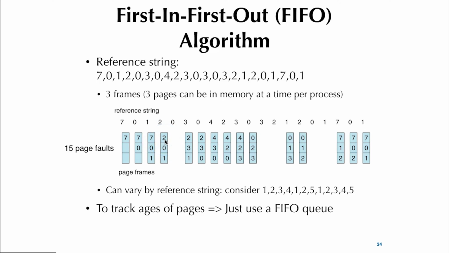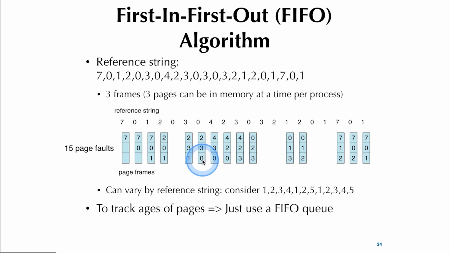Next one is 0, which is already there, so it's not replaced. But the FIFO pointer is still pointing at that. So even though 0 was just accessed, 3 comes in, 3 is not there, page fault, so then 3 goes into where the 0 is, and the pointer moves on to the next one, and 0 is used again.